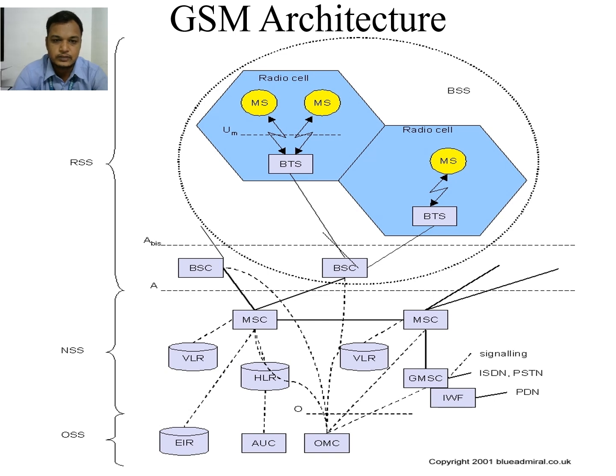The radio subsystem contains the radio cells and base stations. The radio cell contains the mobile station and base transceiver stations. The data generated by the mobile stations is forwarded to the base transceiver station.